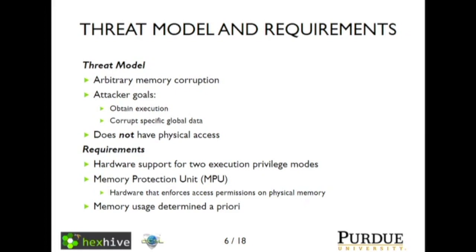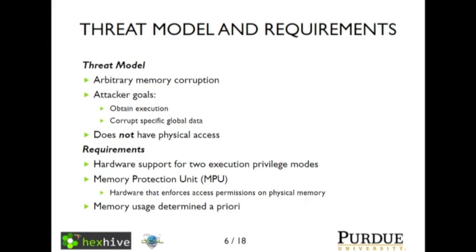We require a couple of hardware supports. We require separation between a privileged and an unprivileged mode. We require a memory protection unit. Instead of a memory management unit, the memory protection unit allows setting privileges on specific regions of physical memory. So I can set read, write, and execute permissions on a limited number of physical memory regions. And we also require that memory usage can be determined a priori.